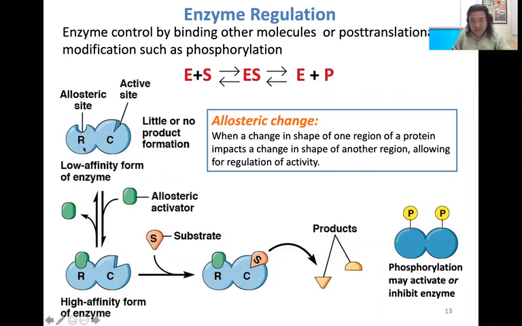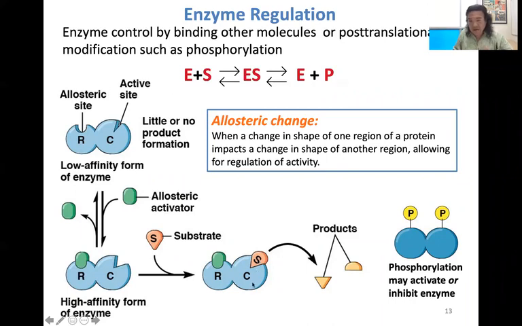So here's an enzyme. Here we have a site on the enzyme where an allosteric activator, this green thing, might come and bind to it, and that causes this ripple effect, and the enzyme changes its shape. As a result, it then maybe opens up some other surface on the enzyme where a substrate can now bind, right?